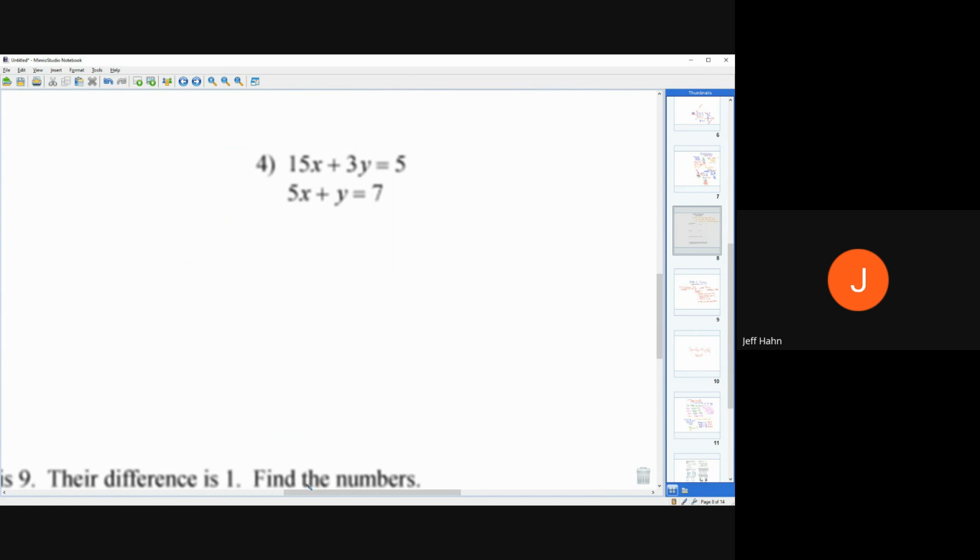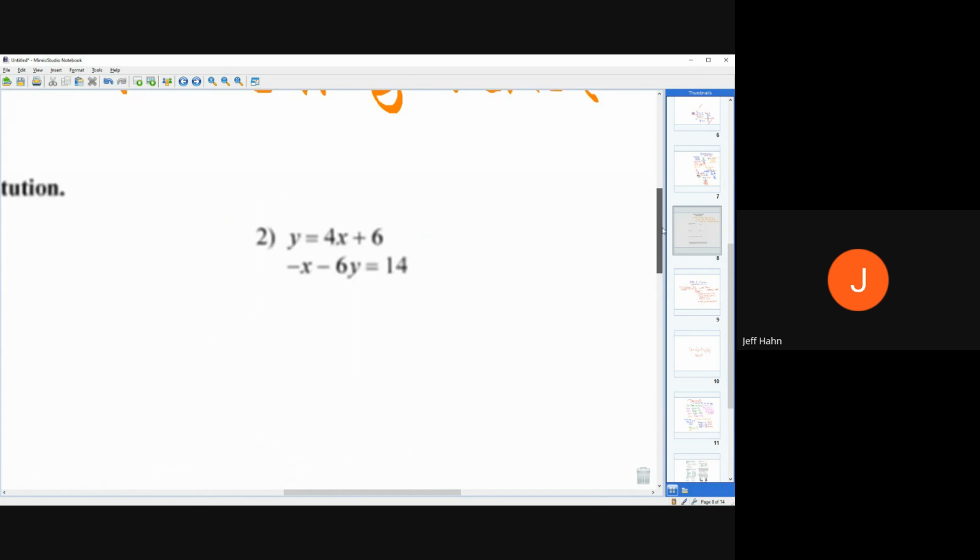Not subtract the y. Subtract the 5x because then the y is by itself. If I subtract the y, I haven't done anything except create one problem. I would subtract 5x, subtract 5x. So now y equals 7 minus 5x. Okay, so that's the first step. That's really not how we solve these things.